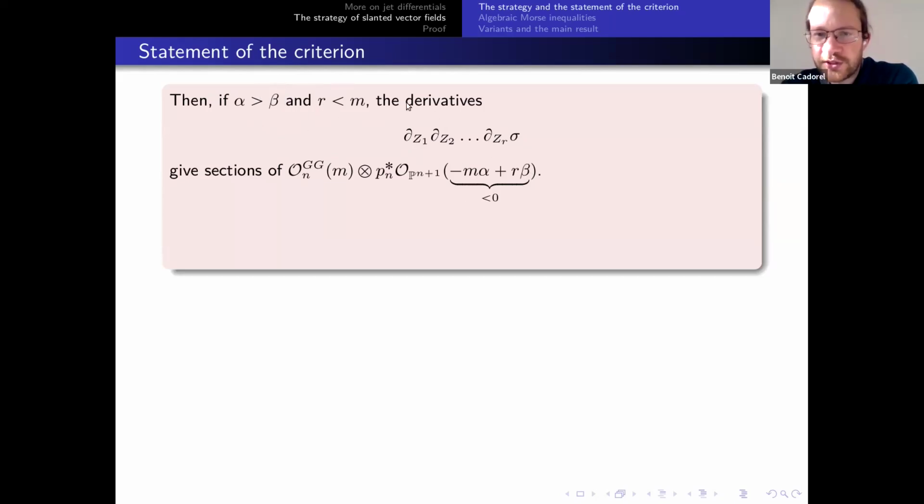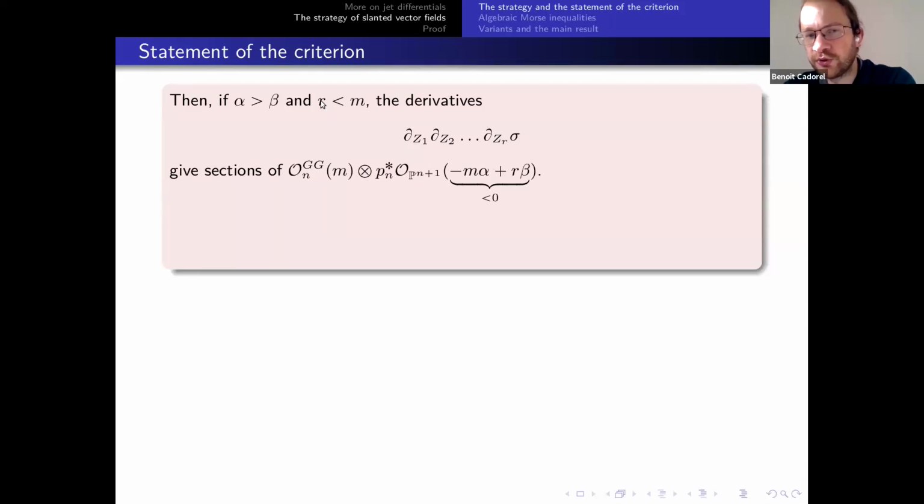If you have these two assumptions, then you have negativity here. So you get a section of your Green-Griffiths tautological line bundle vanishing along an ample line bundle, and then all the entire curves should satisfy the equations provided by these sections.